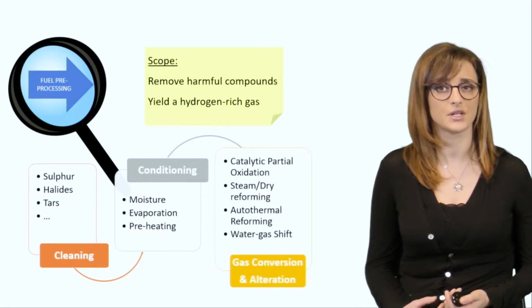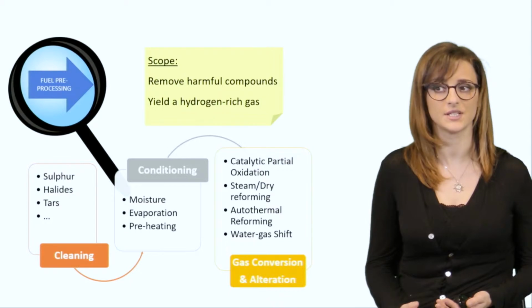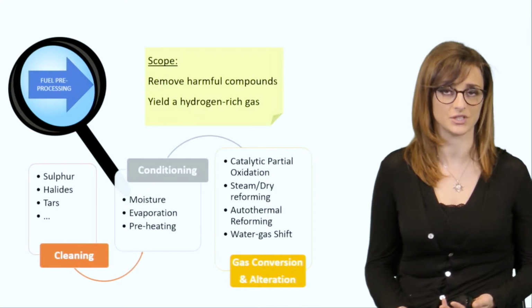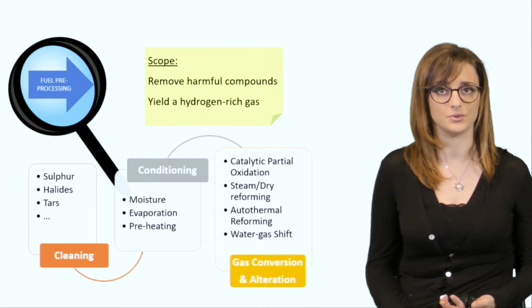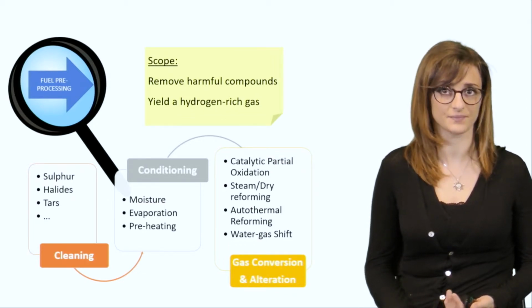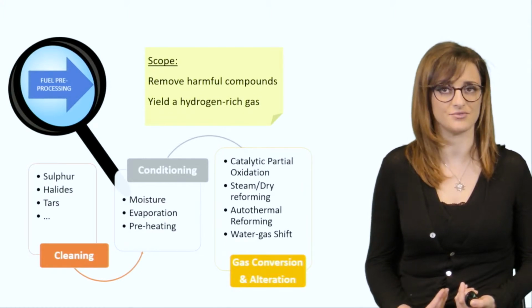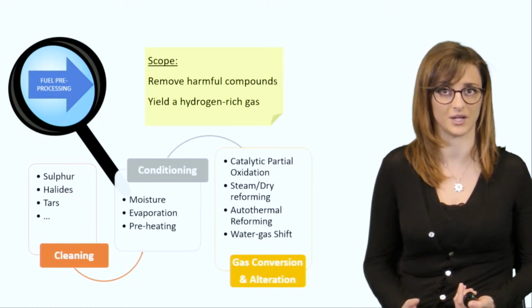These include chemical processes like catalytic partial oxidation, steam or dry reforming, autothermal reforming, or water-gas shift reaction. All these processes are meant to yield a very hydrogen-rich gas, or to remove all gas components other than hydrogen if we have a specific kind of fuel cell that is only tolerant to hydrogen.